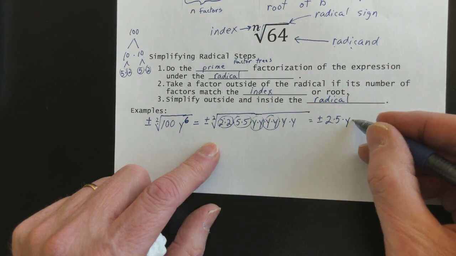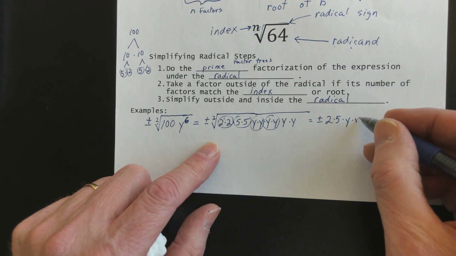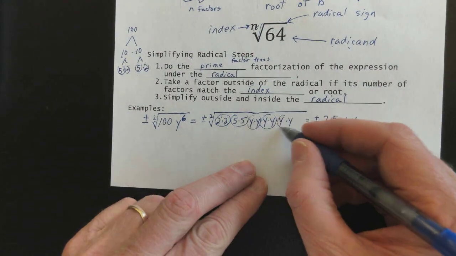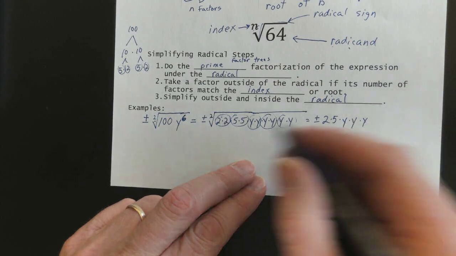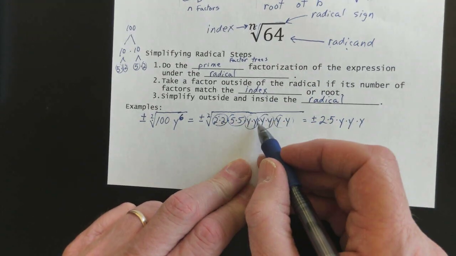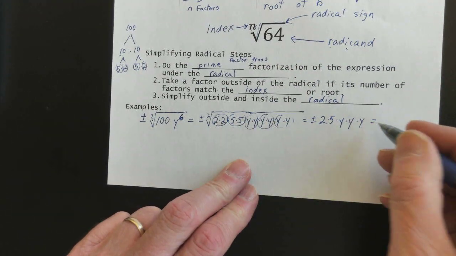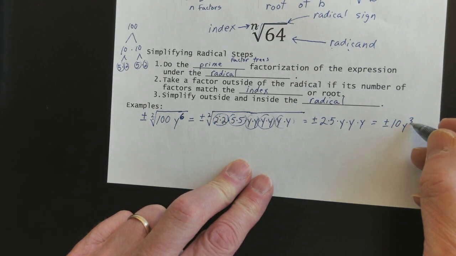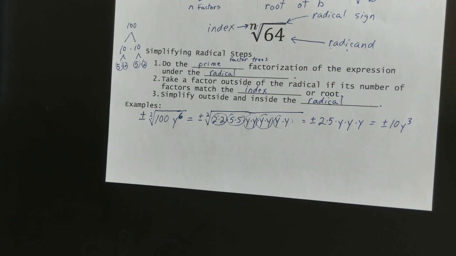Here I have another pair of y's, so I bring another y out, and here I'm going to bring another y out. And notice everything is circled here, right? So I got plus or minus 2 times 5 is 10. y times y times y is y to the third. Is that clear?